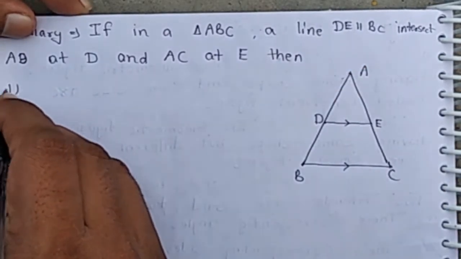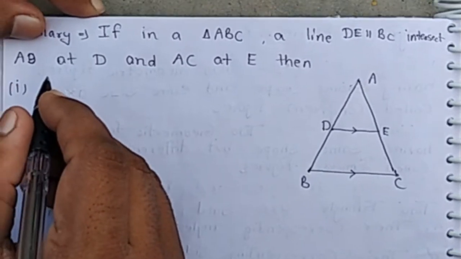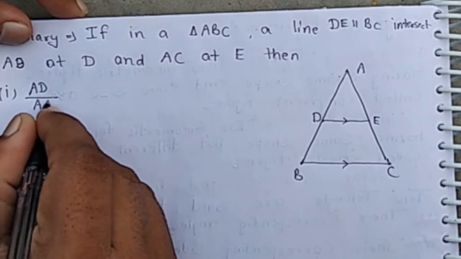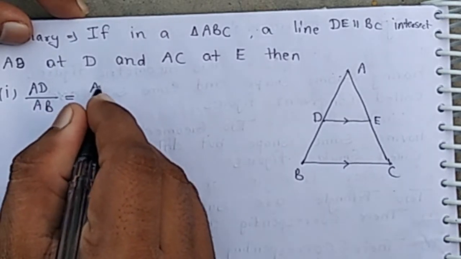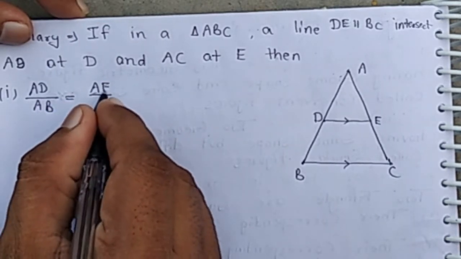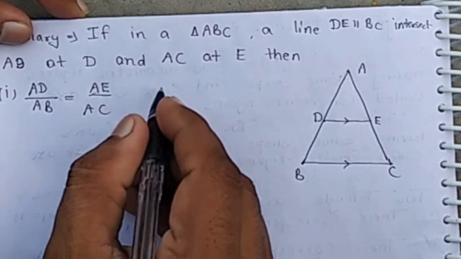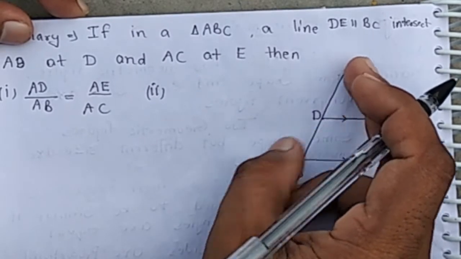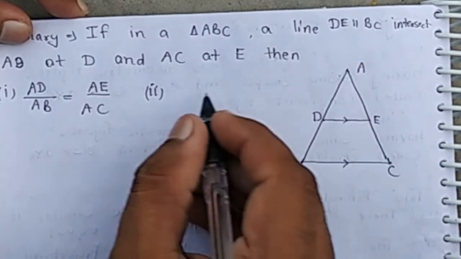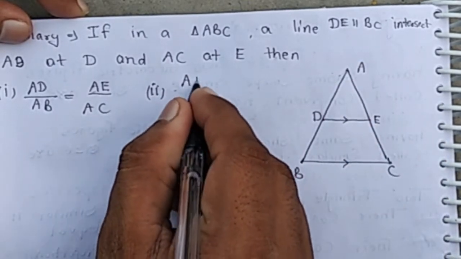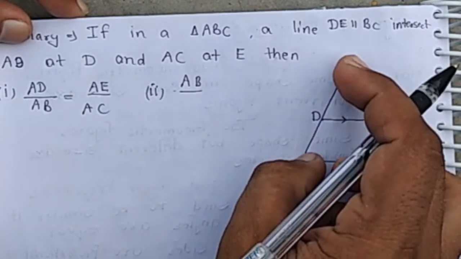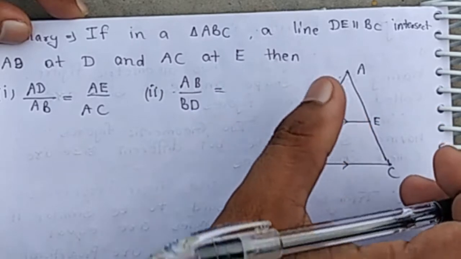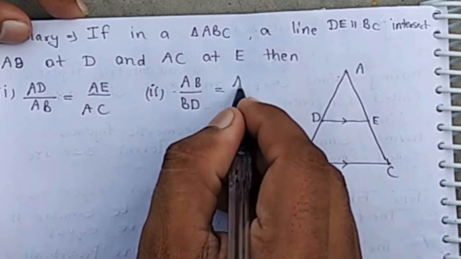Means first we have to prove that AD by AB is equal to AE by AC, and second AB by BD is equal to AC by EC.